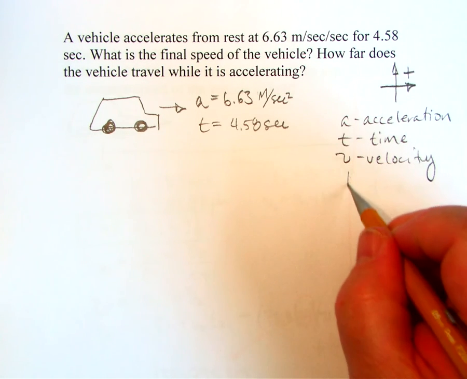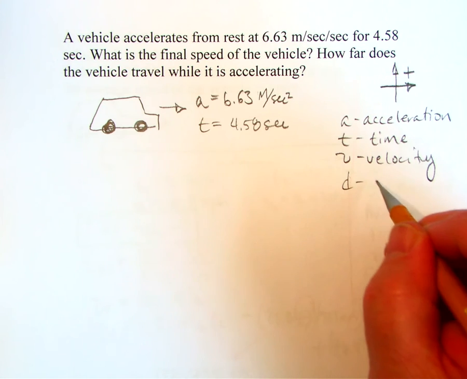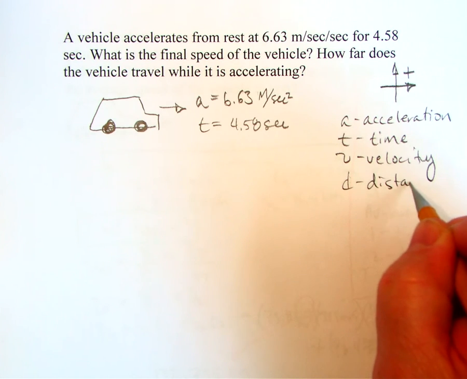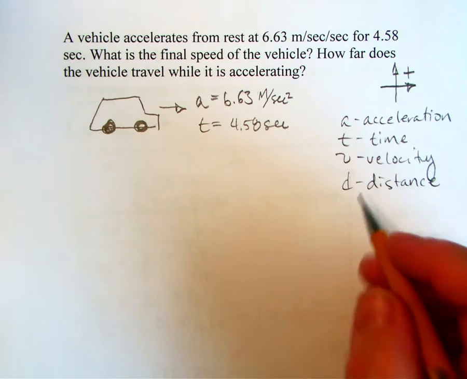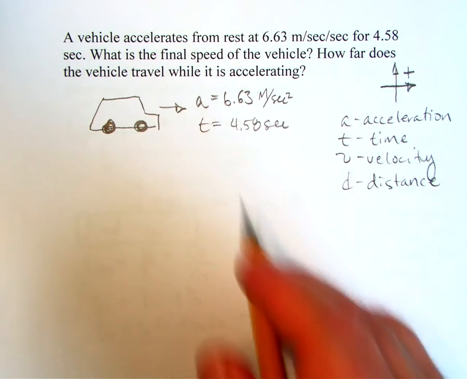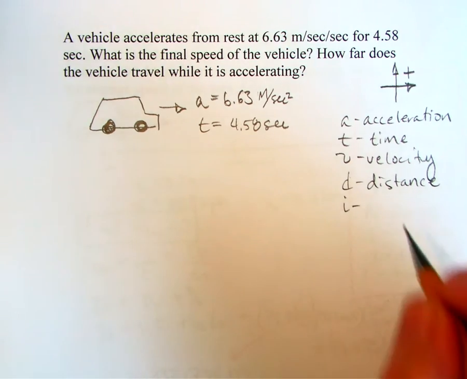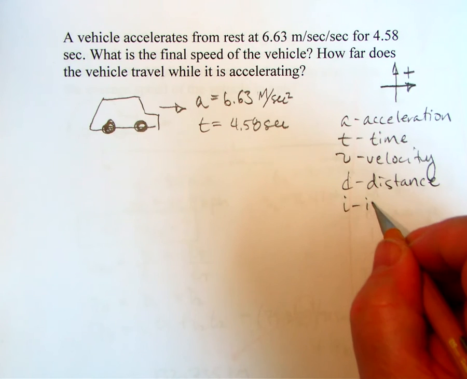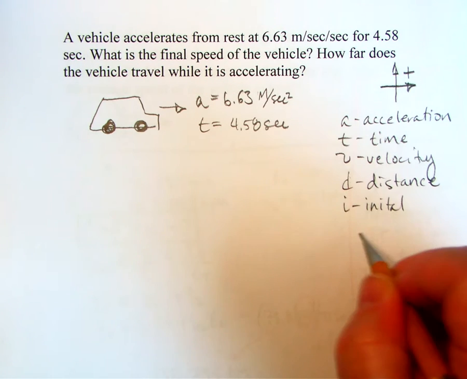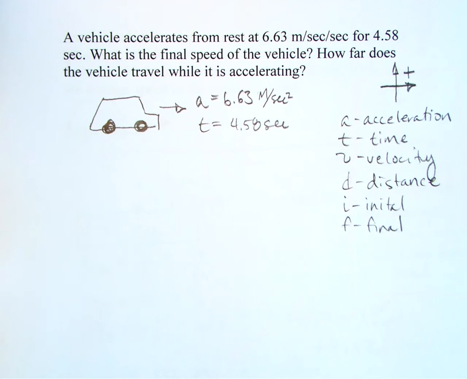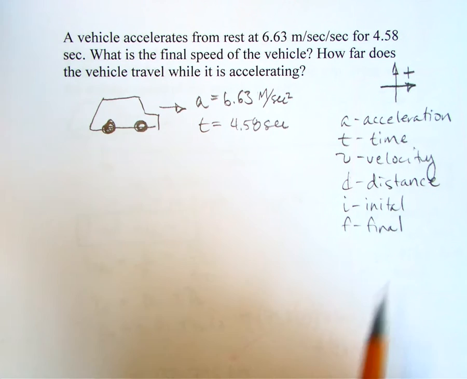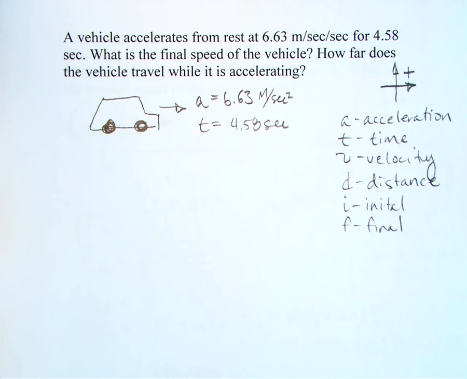And distance, D. That's that how far thing, okay? And so since we know there's a time period, there's obviously an initial or starting, okay? And a final, okay? Well, I think that will just about do us for abbreviations in this particular case.